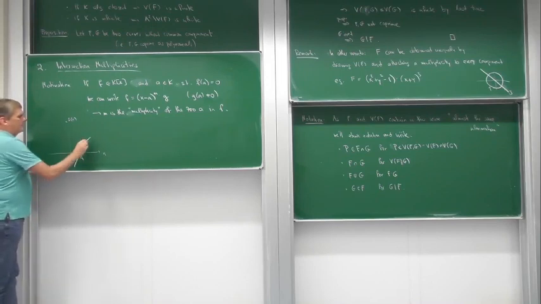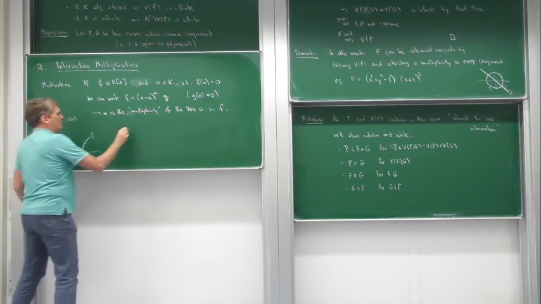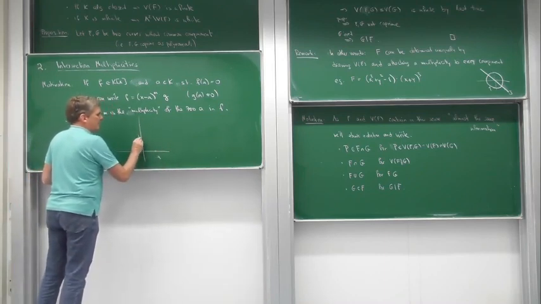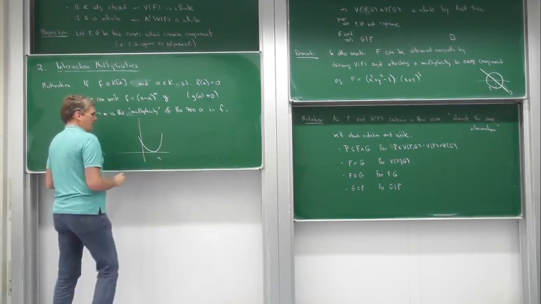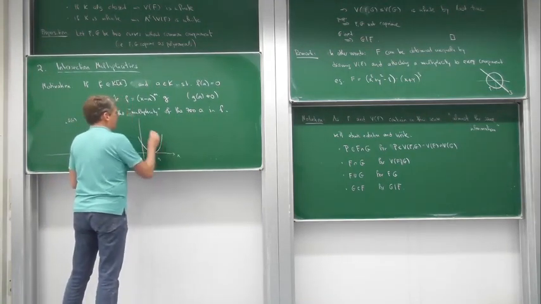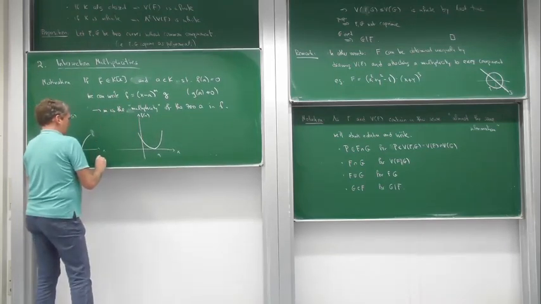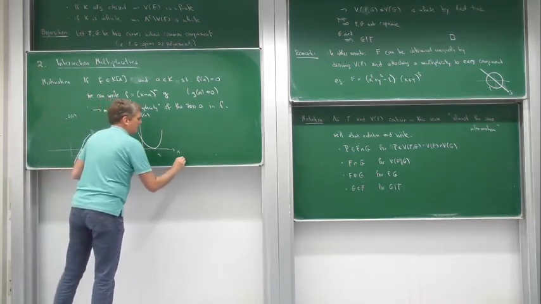So a curve that just goes straight through. Whereas if we have, for example, a multiplicity of 2, then it looks like a tangency, like this, to the x-axis. So this is x, and this is f of x. So that in this notation would be m equals 1, and this would be m equals 2.